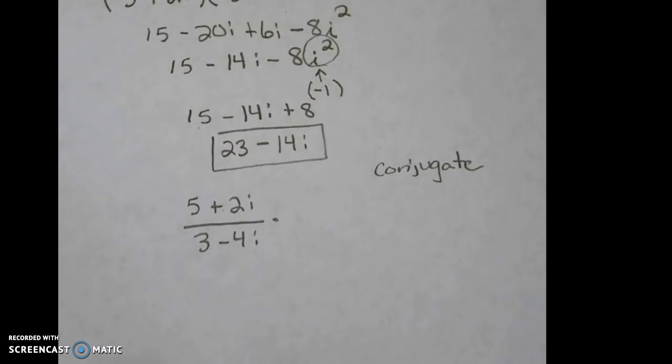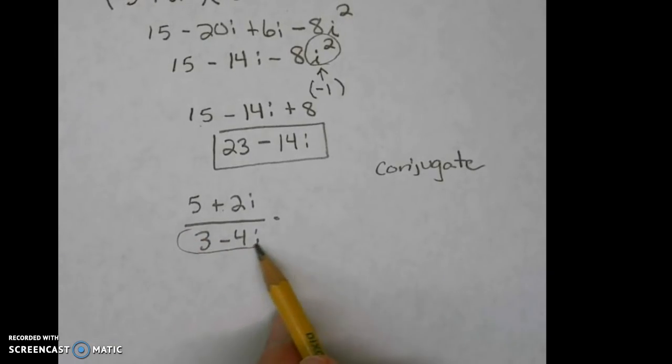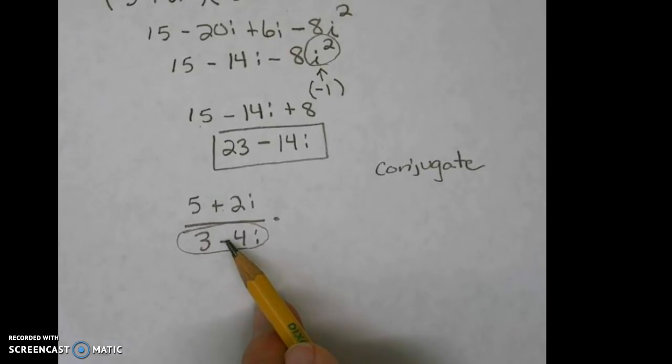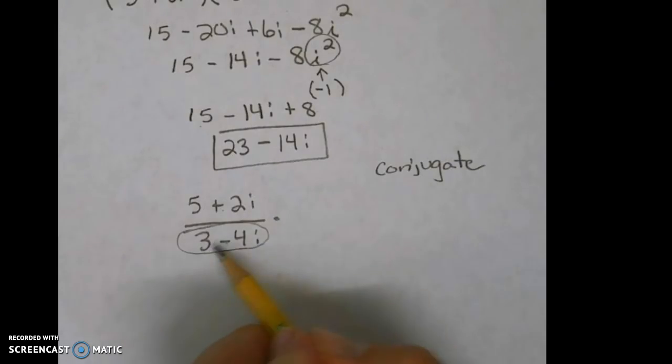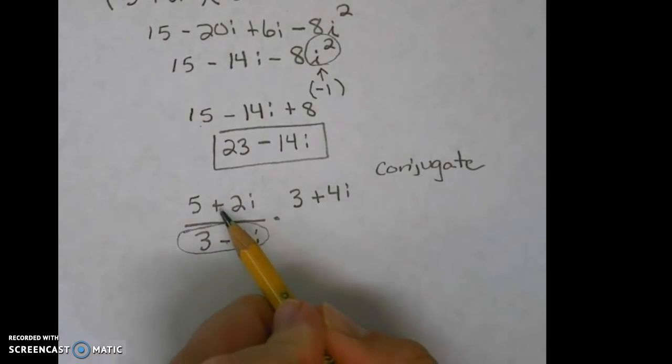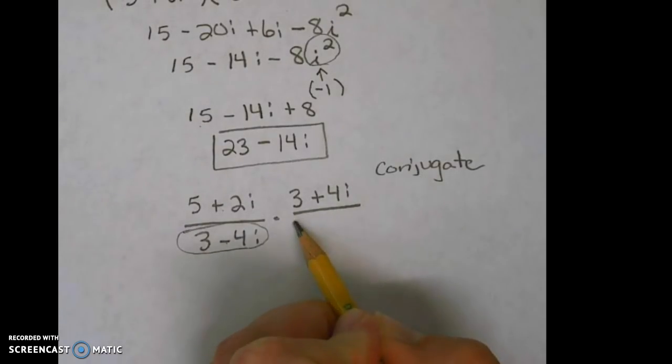So we're going to take the conjugate of the denominator. And to get the conjugate, we just change the sign of the imaginary part. So if it's minus, the conjugate is going to be plus. We multiply the top and the bottom.